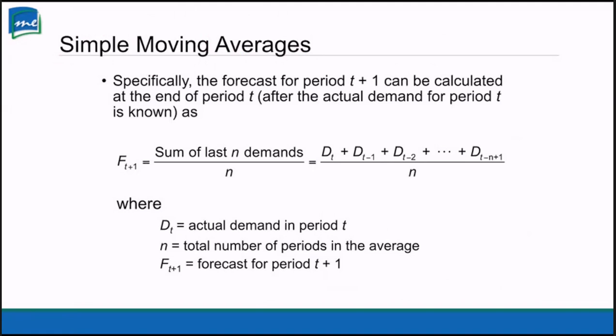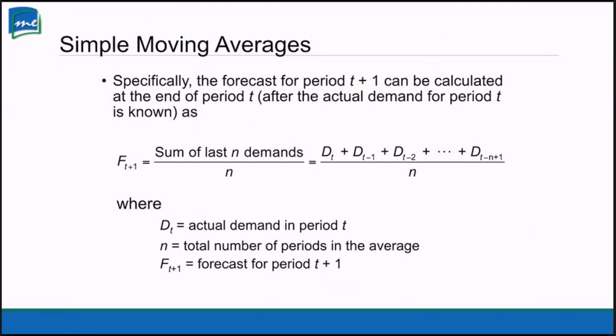Specifically, the formula we use to compute the simple moving average as the forecast for period t plus 1 is as listed over there.